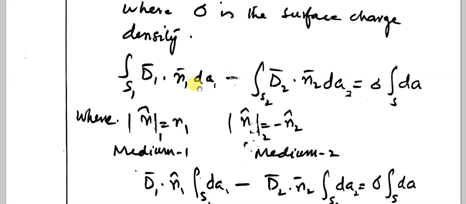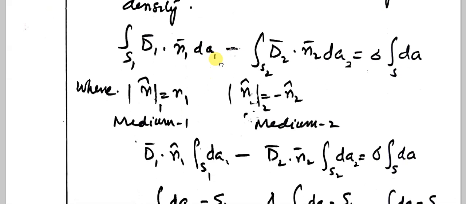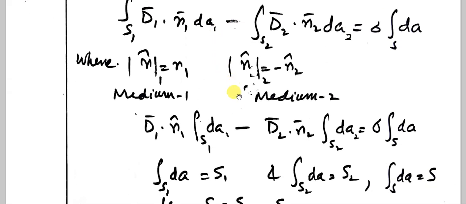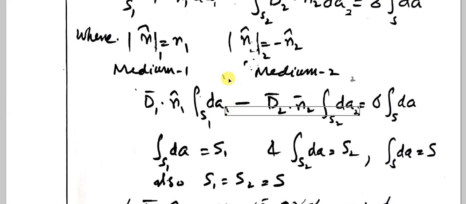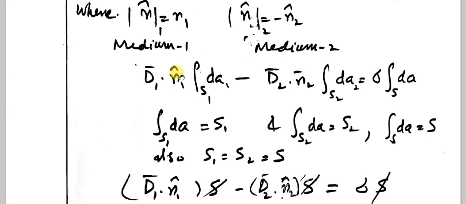Okay, so what we have now is that we take the surface integrals to dA1 and dA2 because they are the changing variable parts, while d1 is constant and n1 is constant.